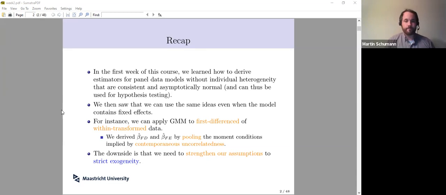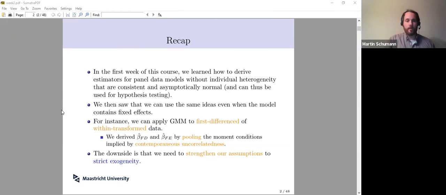Now, what was the cost of deriving these estimators under the presence of unobserved individual heterogeneity? Well, we had to strengthen the assumption to strict exogeneity. Before, contemporaneous uncorrelatedness was enough, but now that we mix up all the time periods by using these transformations, we have to use something stronger, namely strict exogeneity.